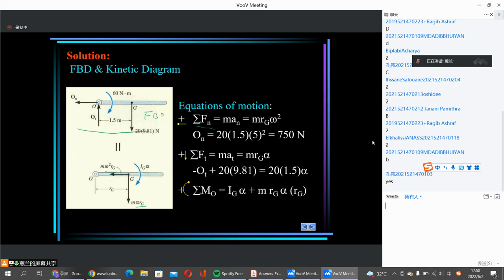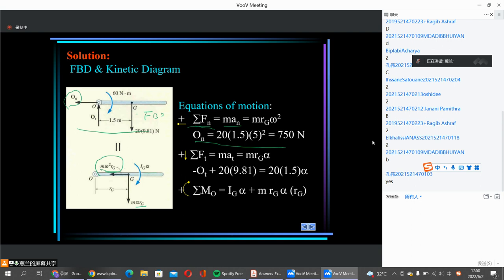So for the real force system, sigma Fn, we only have On, equal to m a_n. They are equivalent. So in the FBD in the normal direction only On, and in the KD only m a_n, and we can find out On.